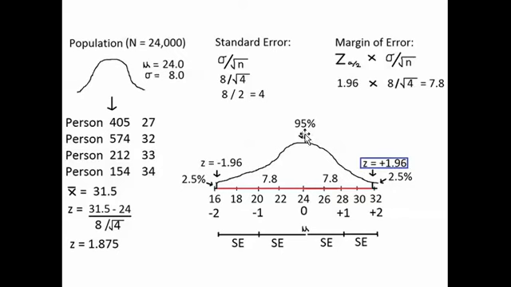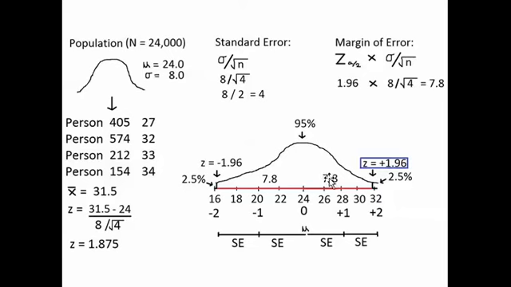You could think of the margin of error as being a limit to how much error will be made a certain percentage of the time when you use a sample mean to estimate a population mean.